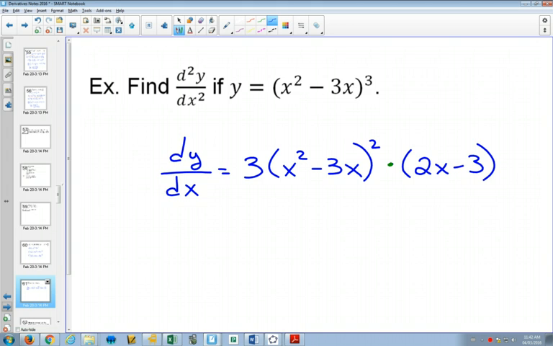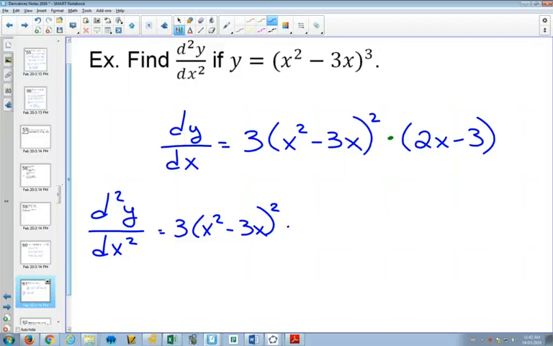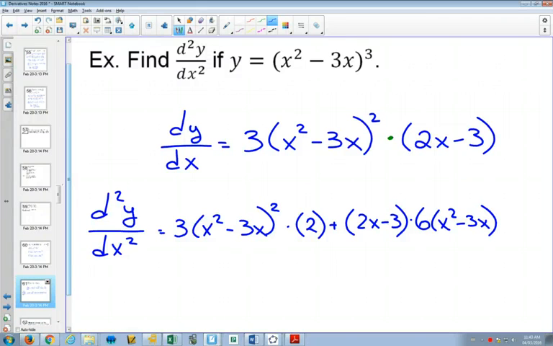So to do our second derivative, keep one the same, multiplied by the derivative of the second one, plus keep the second one the same, multiplied by the derivative of the first one, chain rule again, bring the 2 out in front, subtract 1 from the exponent, multiply.